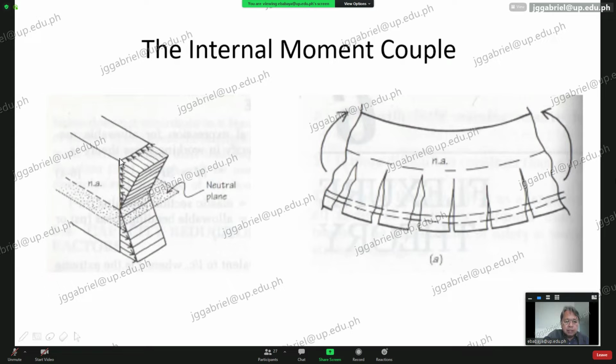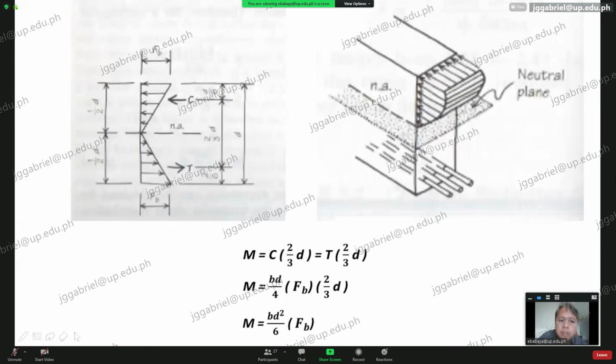The upper surface, the top surface, is where it is maximum, and then the bottom surface is also maximum. But here, it's directed that way. So effectively this part here is subjected to compression. This one is subjected to tension.